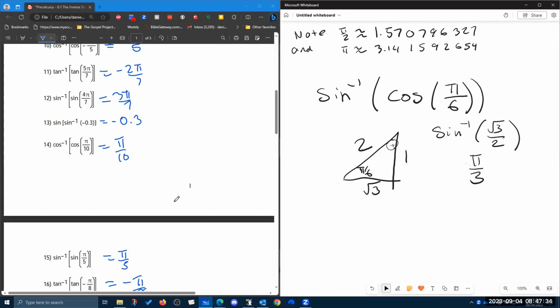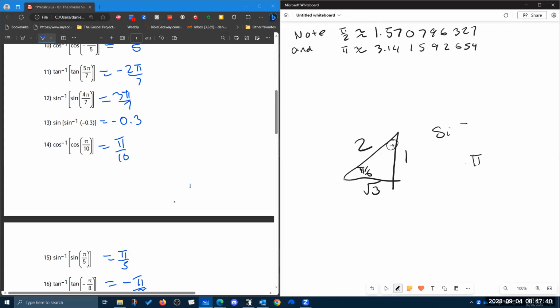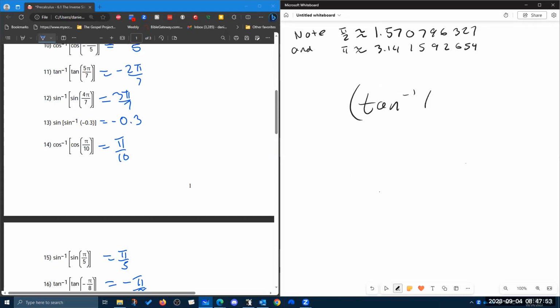Let's try one more example here, where I have something like this. Where I have arc tangent of 3 over 4, and I want the sine of this.